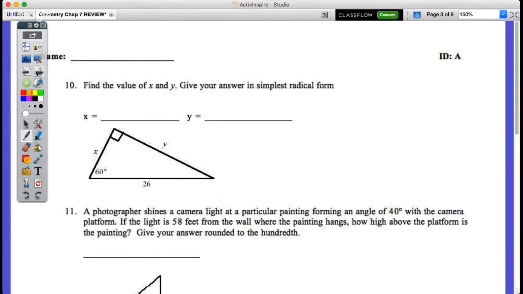Y is 13, and then it's not 26 radical 3, it's 13 radical 3. So the shortest leg is going to be half the hypotenuse.